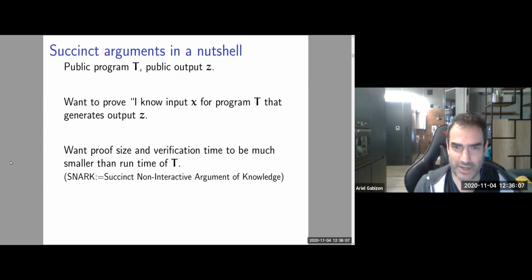The natural way to make such a proof is to give someone X and have them execute the program.